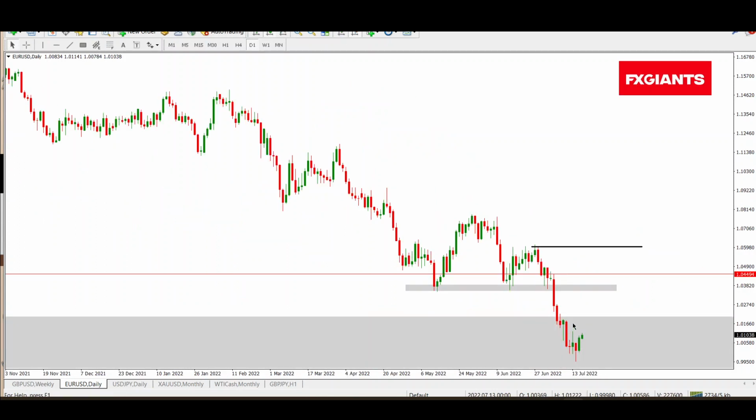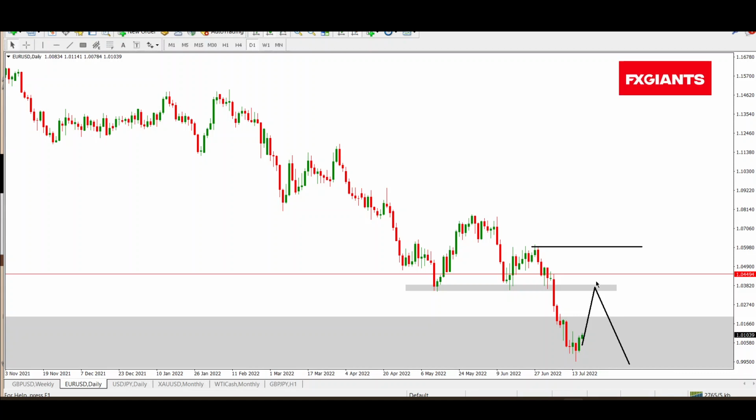So on the daily time frame, we can see that we've had a good buy pattern, bullish pattern rather, form here. But what do we want to see this week? We want to see a push up into this previously unmitigated area, possibly to this zone, then a potential sell continuation to the downside.